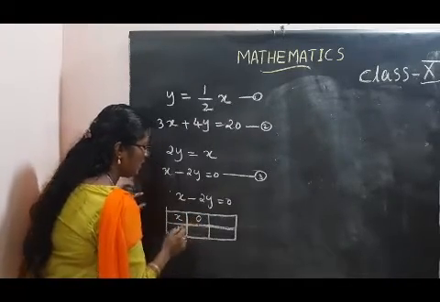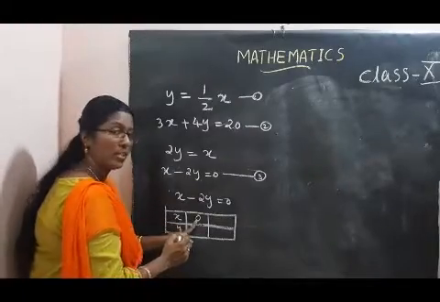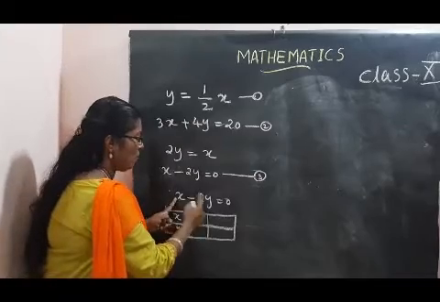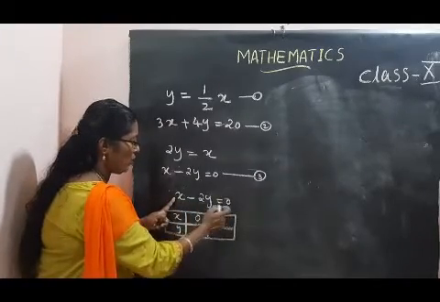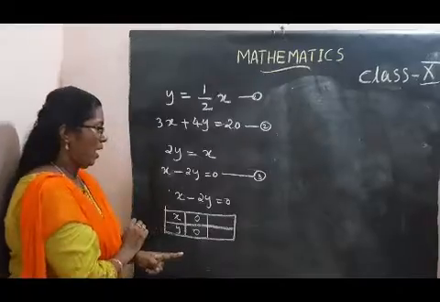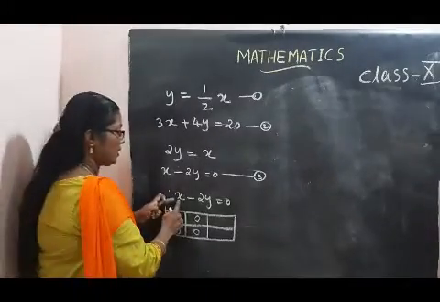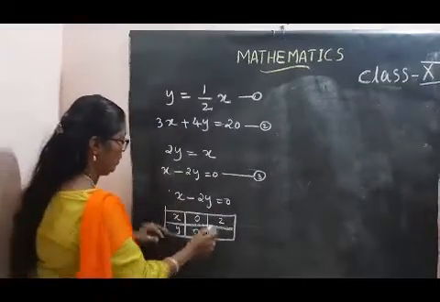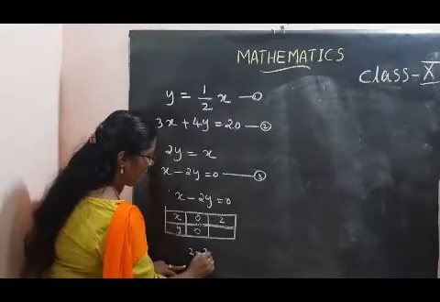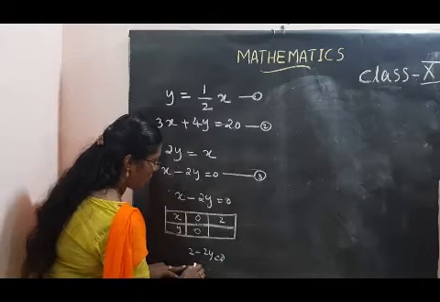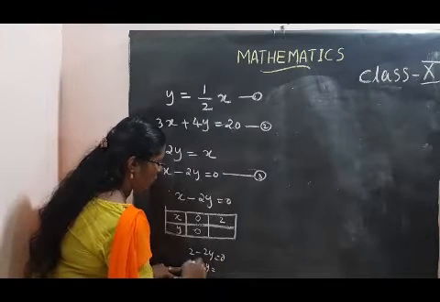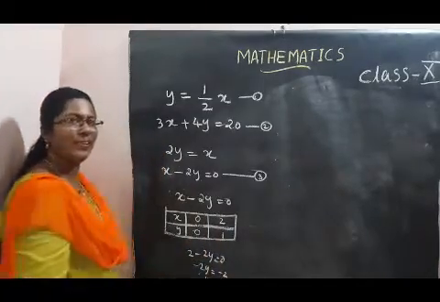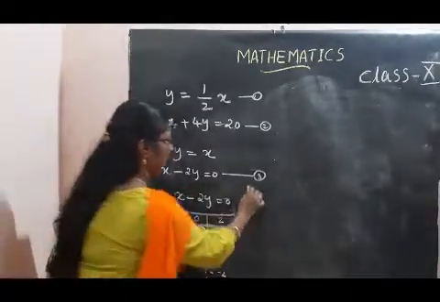For easier calculation, one of the x values is 0, and when we put x as 0, y is also 0, and we can substitute x equal 2. What about x equal 2? 2 minus 2y equals 0. Minus 2y equal to minus 2. Y equal 1.